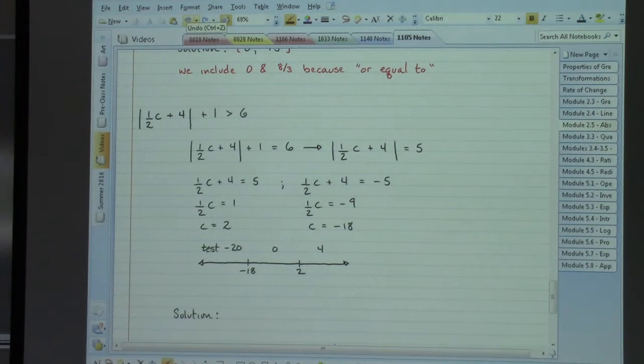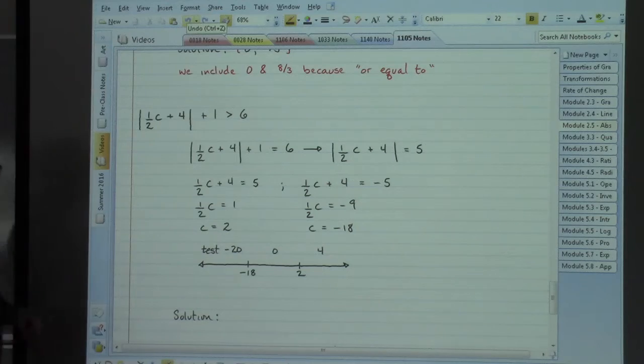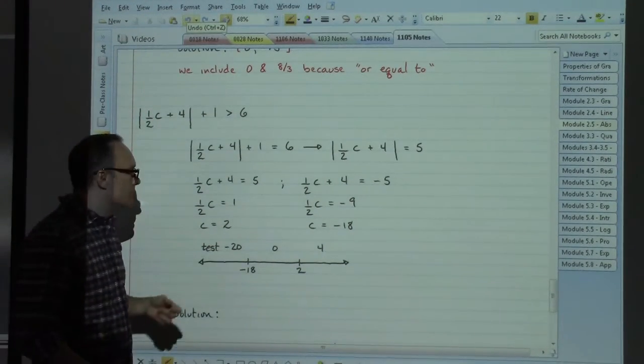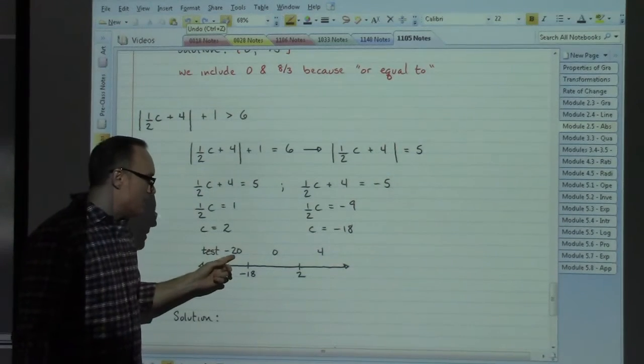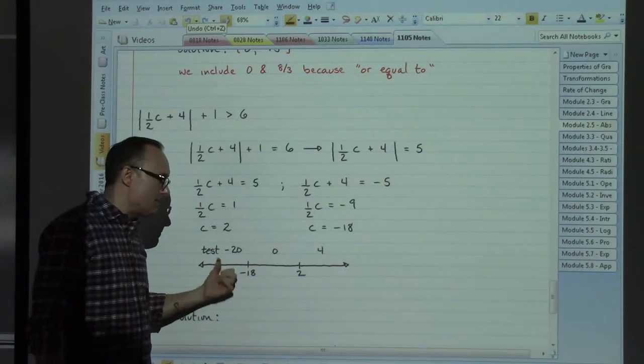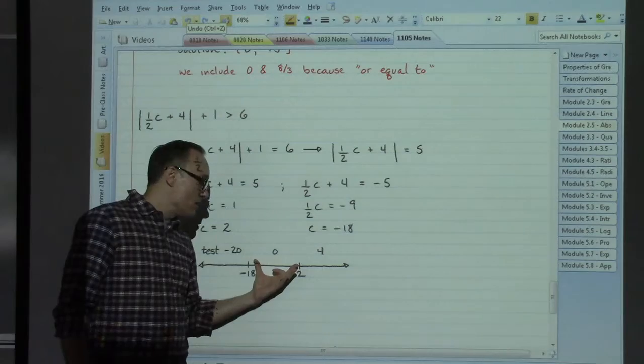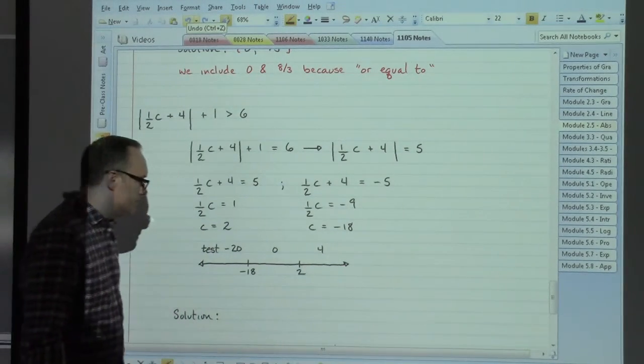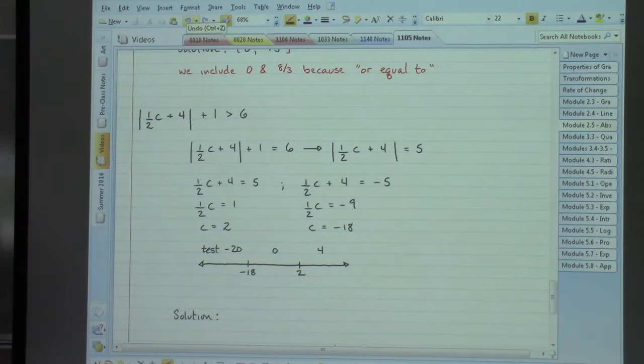We can pick stuff that's convenient because this has a 1/2. Let's pick even numbers. So a negative 20 from the left-hand segment. It's always nice if we can pick 0, so 0 from the middle segment, 4 from the right-hand segment. Test each of those out, so we would put those into our inequality and see how things play out.